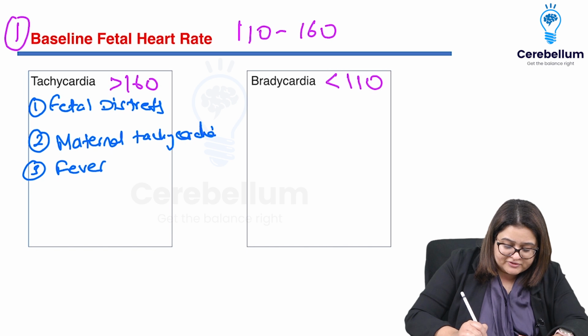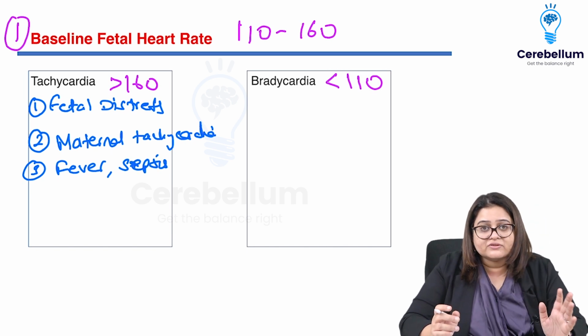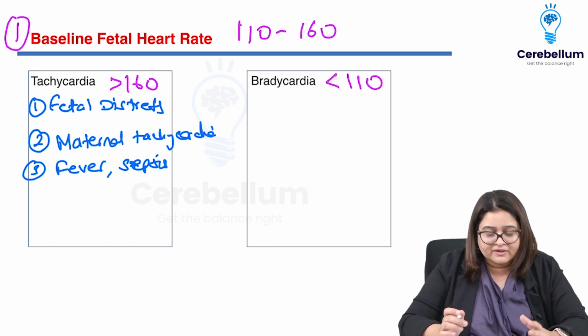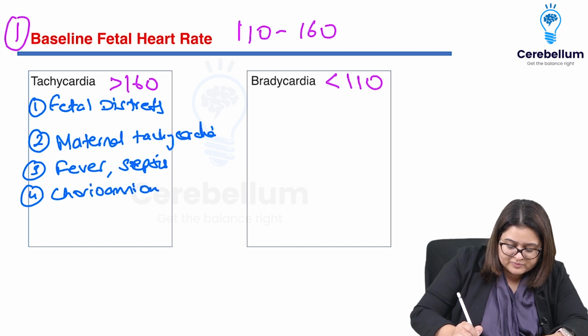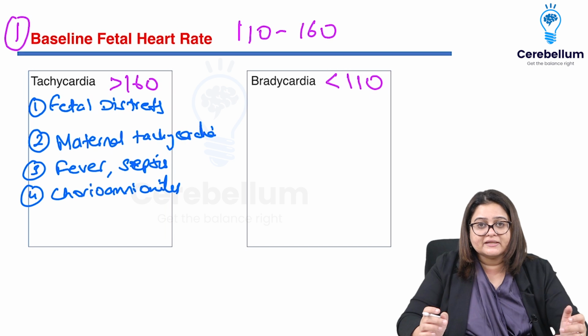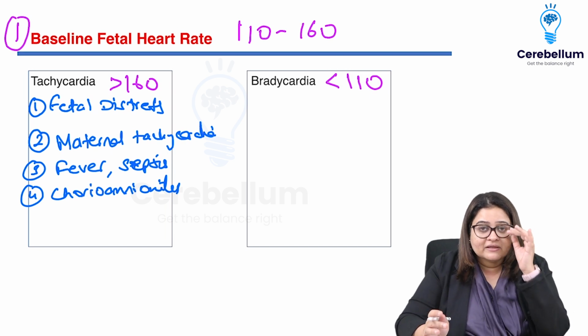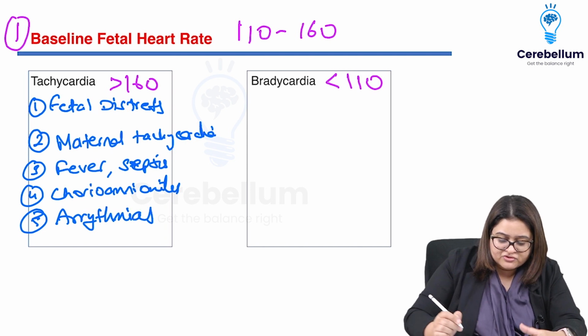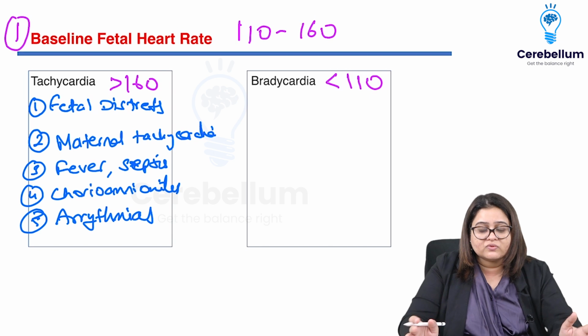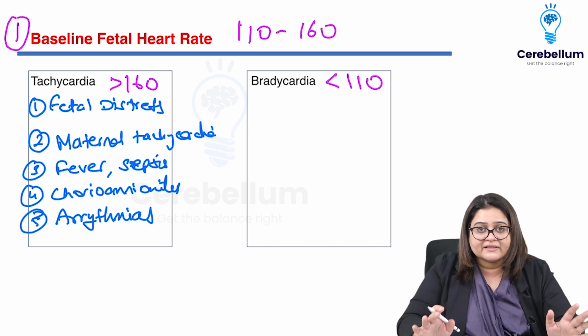So maternal fever or maternal sepsis could lead to fetal tachycardia. Chorioamnionitis, that is infection of the placenta and membranes, can lead to fetal tachycardia. And also remember, fetal arrhythmias or certain drugs which the mother is taking could also lead to fetal tachycardia.